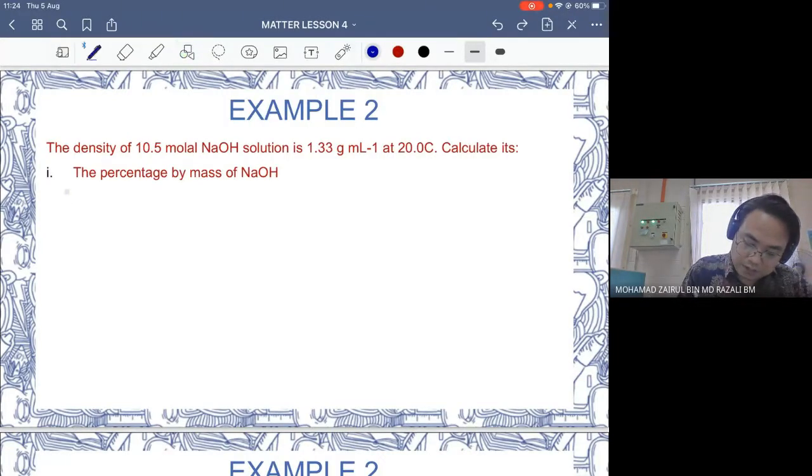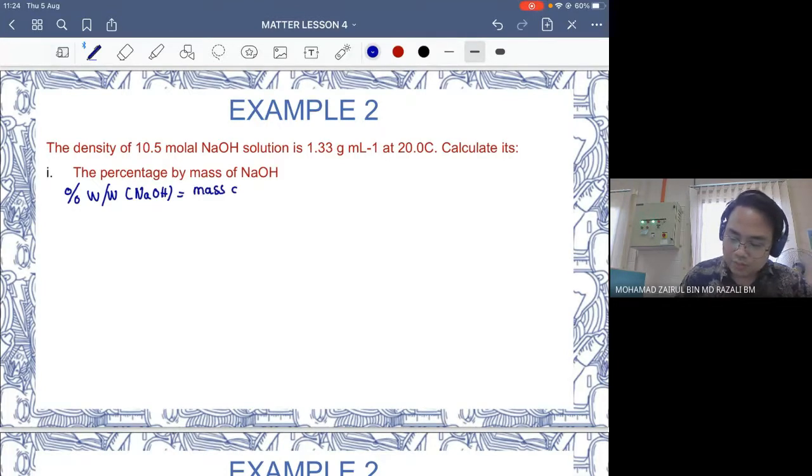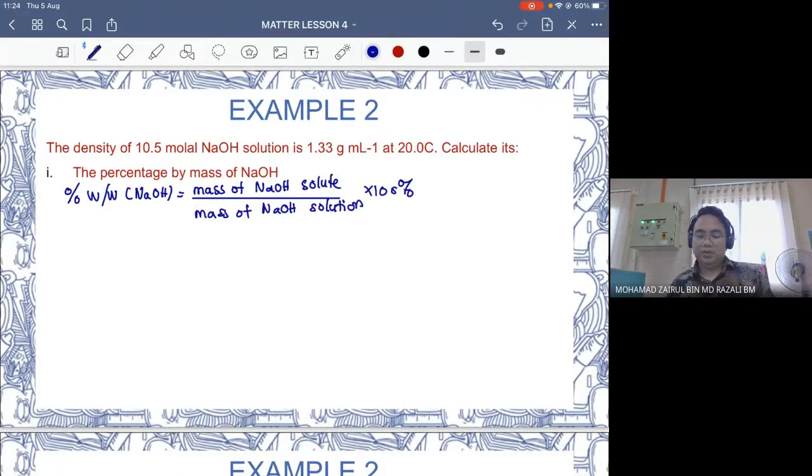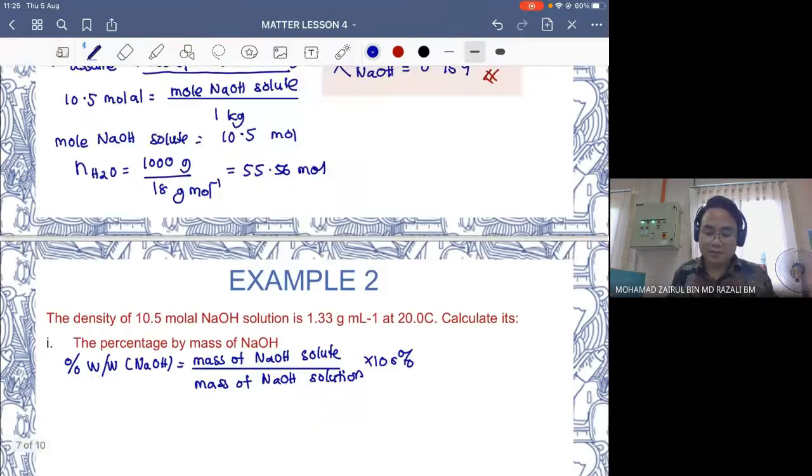So the percentage by mass of NaOH is equal to mass of NaOH solute over mass of NaOH solution multiplied by 100. Okay, so dari mana kita nak dapat mass of solute tu? Kita dapat daripada mana?